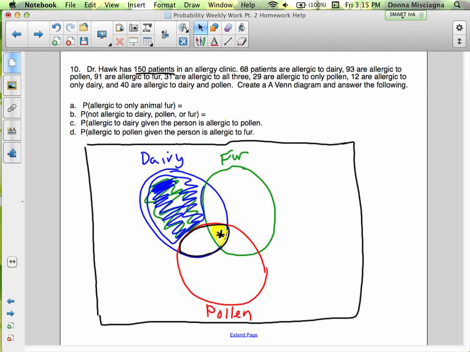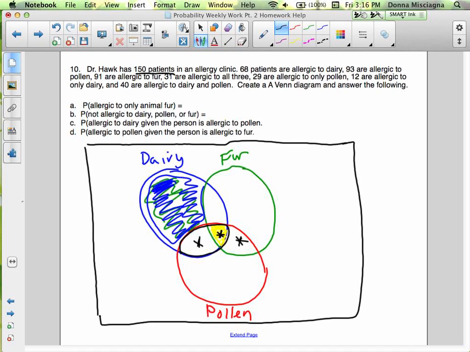So you'll subtract the very center group out from the pollen and dairy, the fur and dairy, and the fur and pollen, all right? And then you subtract both of these, this one and this one, for instance, from the fur, so you know how many are the fur only, because they count as fur.